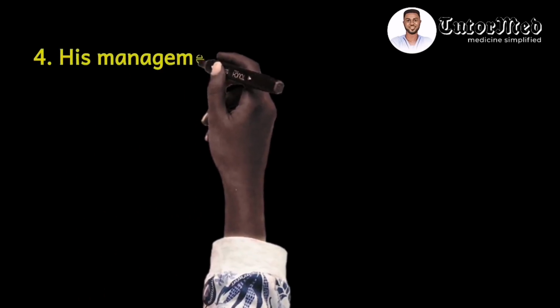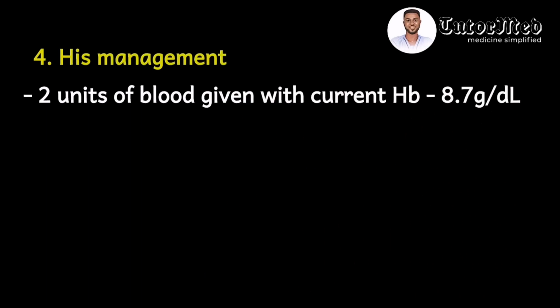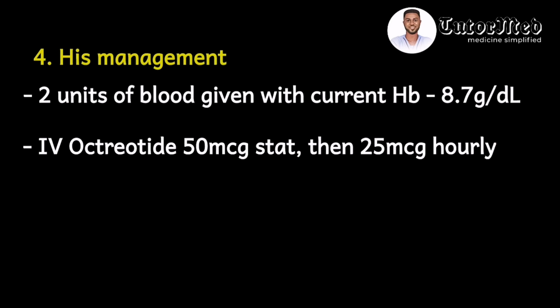And so for his management, 2 units of blood was given, and his current HB is 8.7 grams per deciliter. Then we gave IV octreotide, 50 micrograms stat, and then 25 micrograms hourly via continuous perfusion.